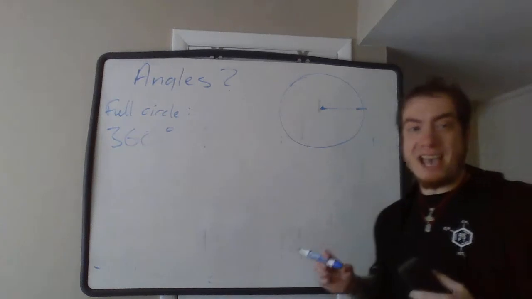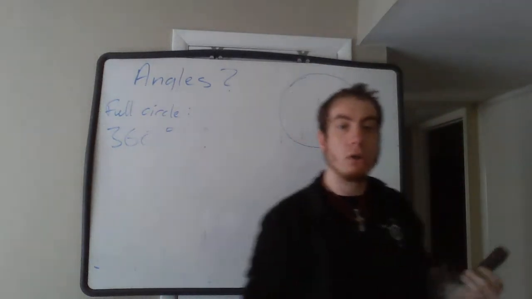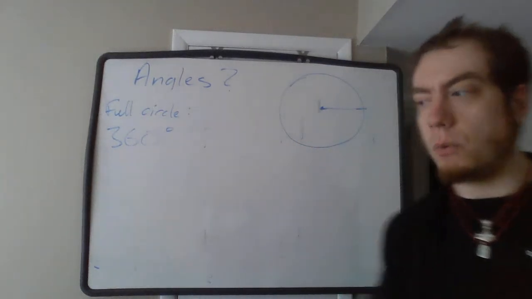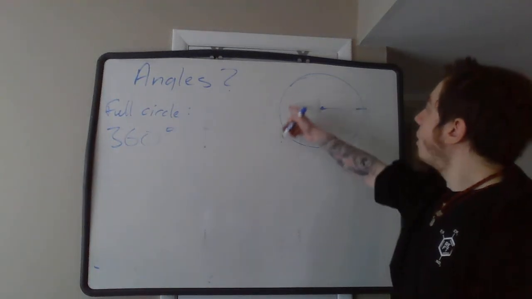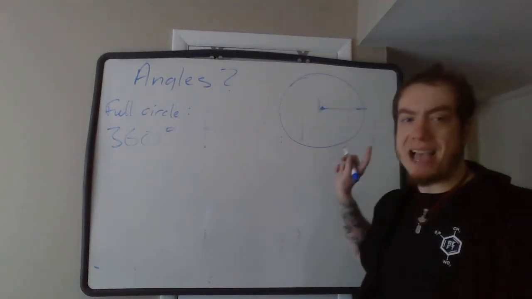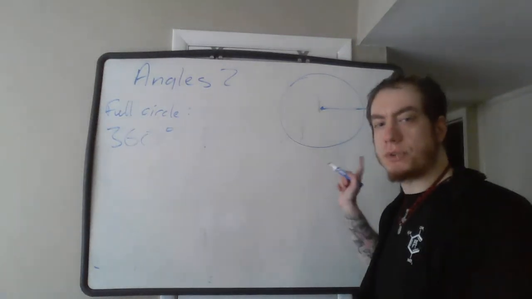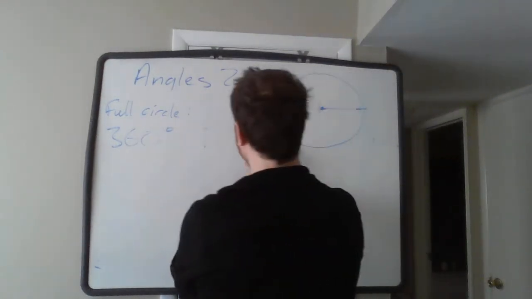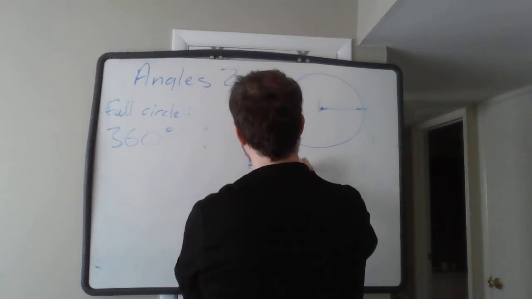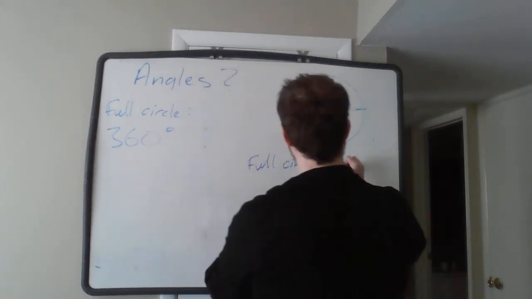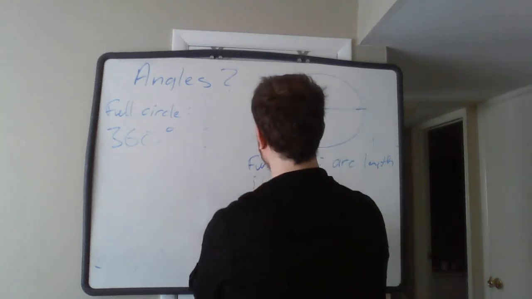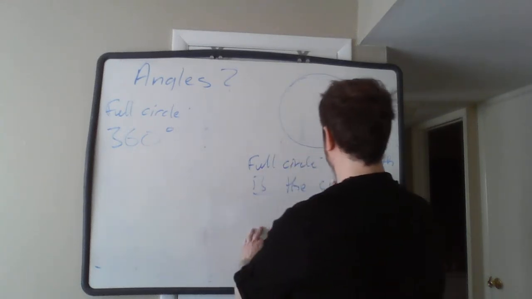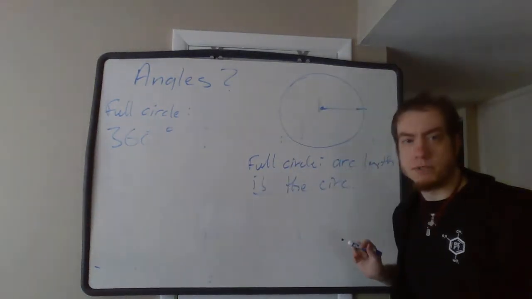Now, how big is that same full circle going to be in radians? Well, we defined the radians to be the arc length divided by the radius. And if I do a full circle, for a full circle, the arc length is the circumference.